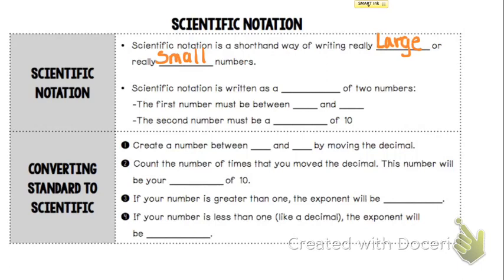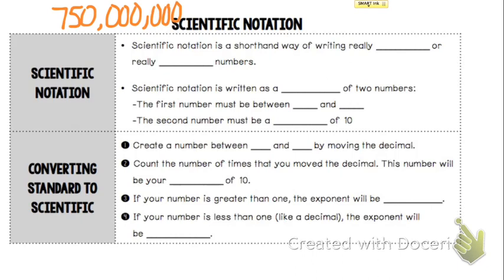You're looking at 750 million. That is a very large number. That is not something as a scientist that you want to write a whole lot. A very small number would look like this. That would be a very small number.